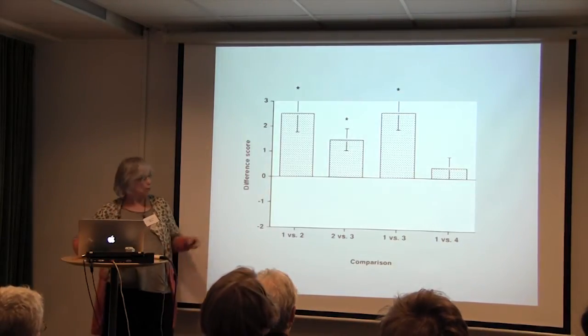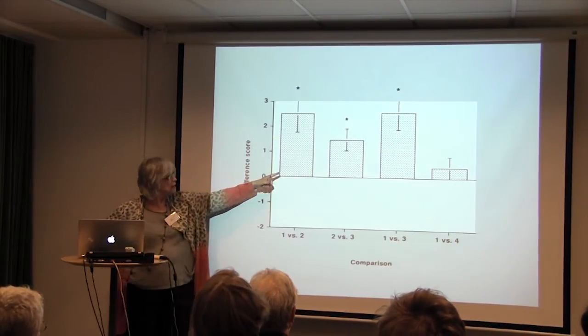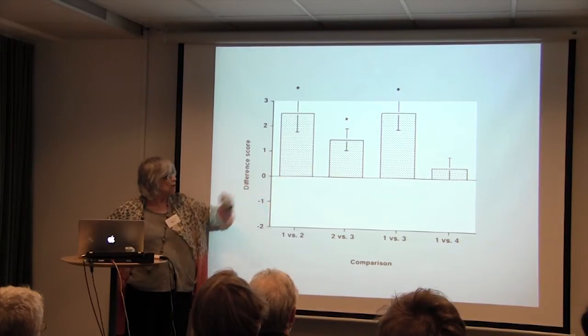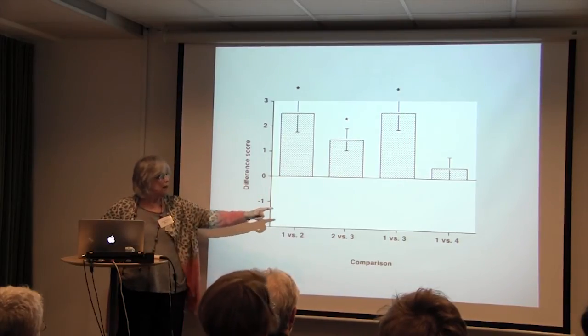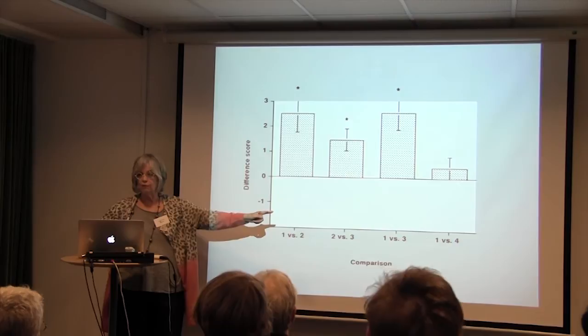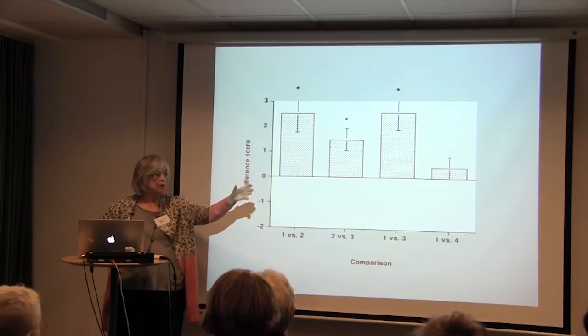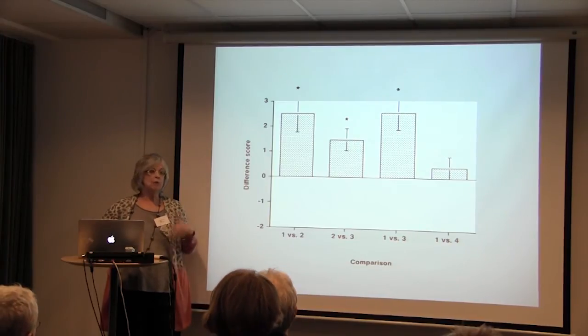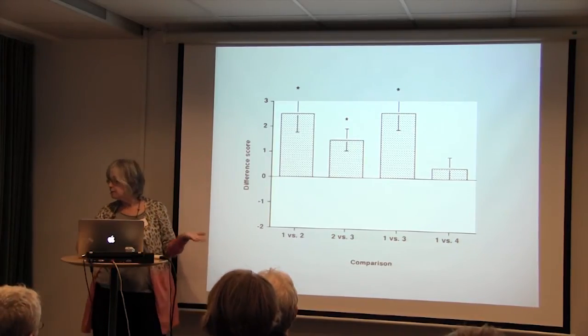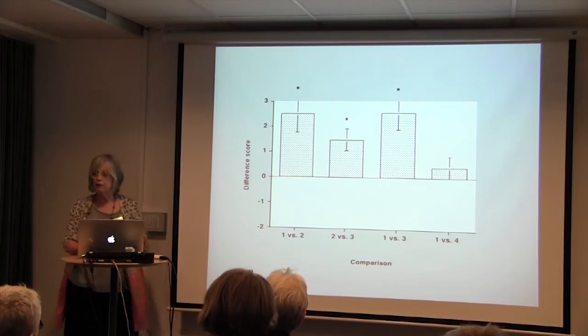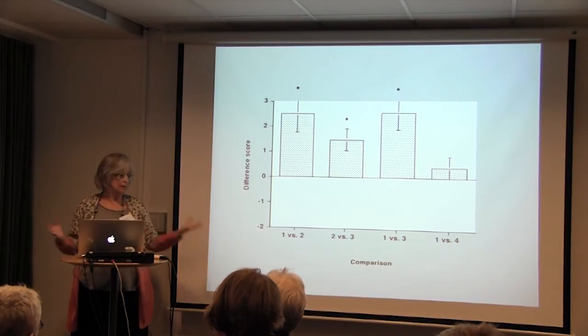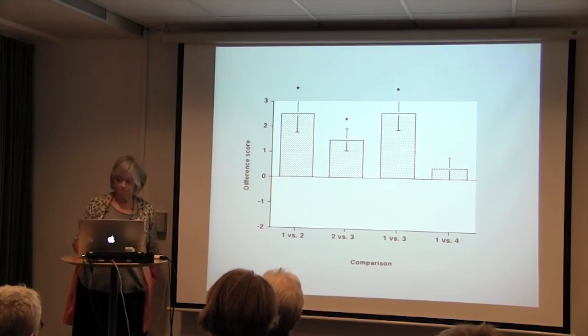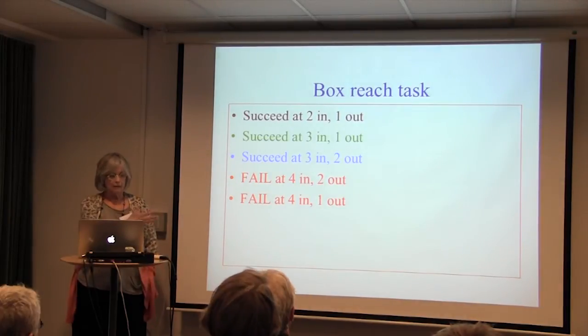Okay? So success at 1 versus 2, success at 2 versus 3, success at 1 versus 3, utter failure at 1 versus 4. You see 4 things in there, you put them all into the box, the baby reaches in and gets 1, perfectly satisfied. Okay, so the same abject failure as the bucket choice task. Okay, so that's what I just said.